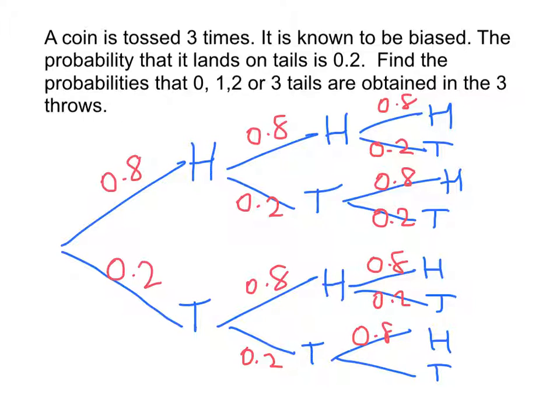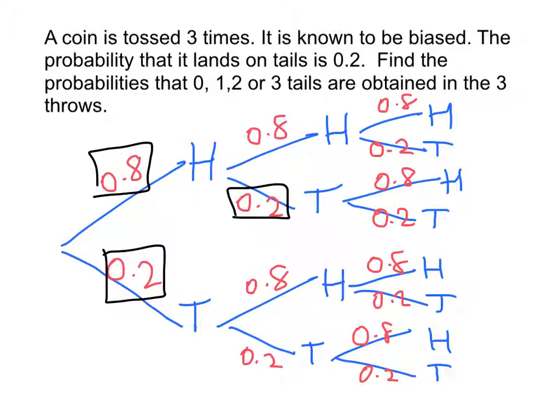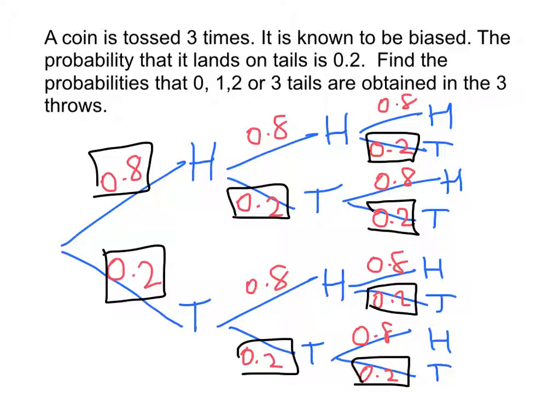One of the conditions for something to fit a binomial pattern is that these numbers must be the same at every trial. So we've always got to keep an eye on that. So it's always 0.8 and 0.2.